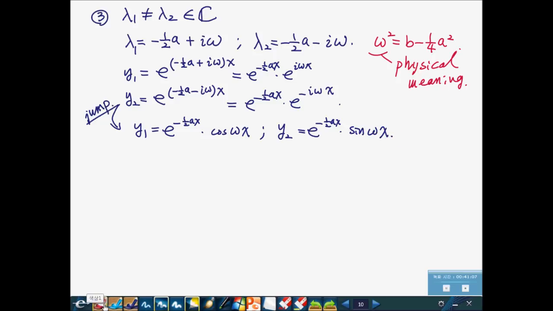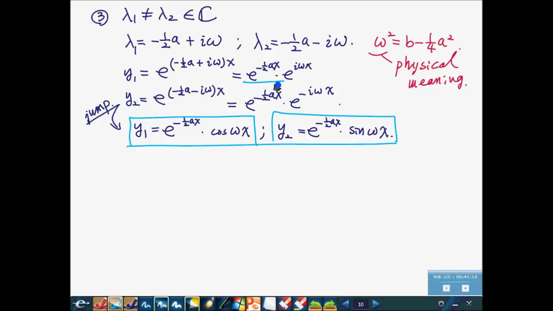Wow. Look at that. From this y1 and y2, our final basis has no i, right? It's real, just sine and cosine, the functions that we are familiar with, right?